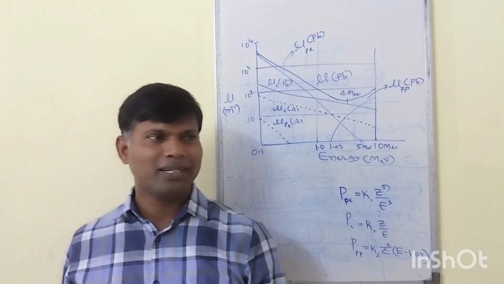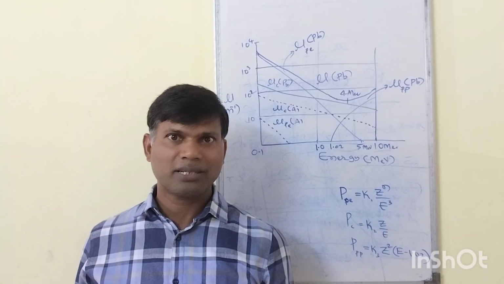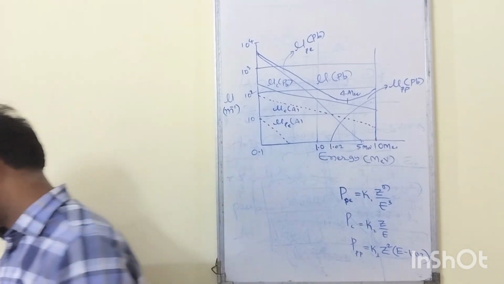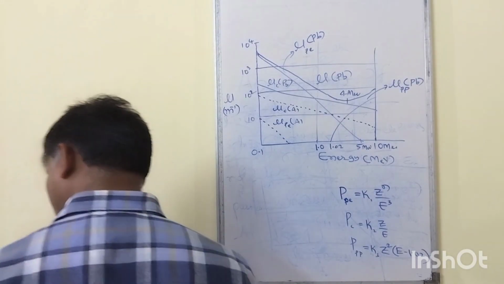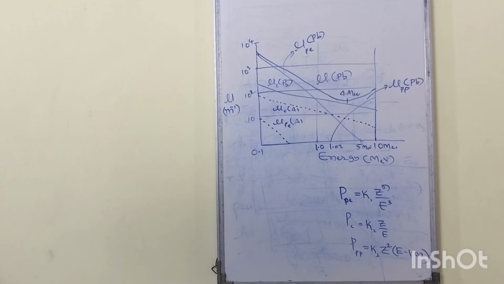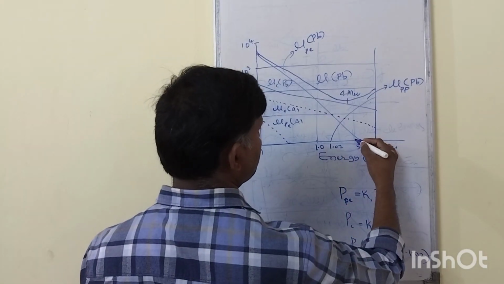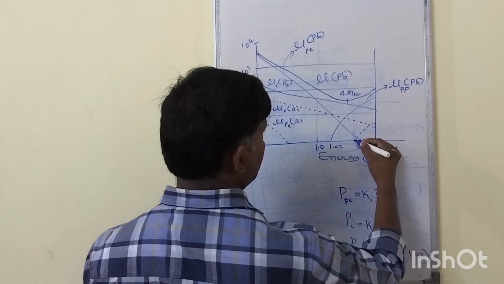Then what effect? Pair production. Definitely you need minimum energy, that is 1.02 MeV. Then how does it look? Will it take place at 1.02? At 1.02 it will not take place. It is taking some more energy. Somewhere here it is taking.